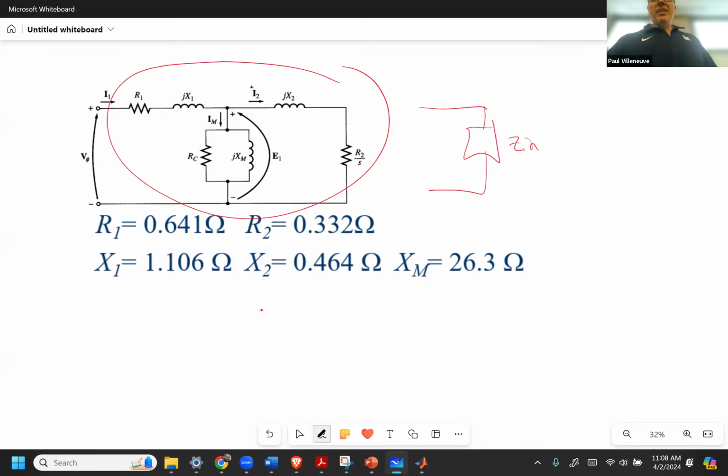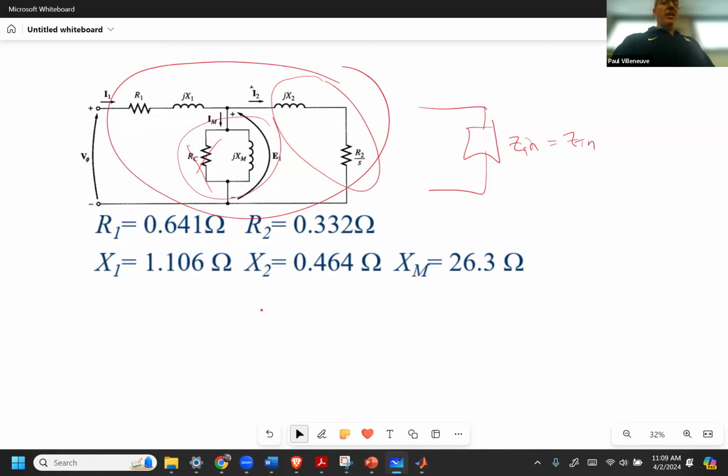So this would be Z in or Z Thevenin. Now, however you want to do that, that's whatever you want. But you can see that I have these two in series, which are in parallel with these two. Keep in mind, you didn't get any core losses, so we'll just assume that that's infinity. So you have those two in series, which are in parallel with jX_m, and then you just have a series circuit so you can calculate it.